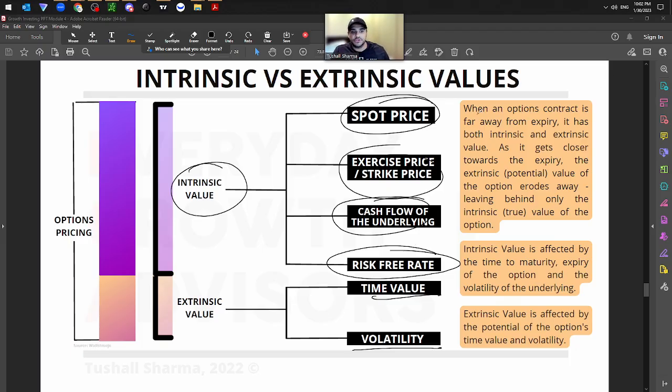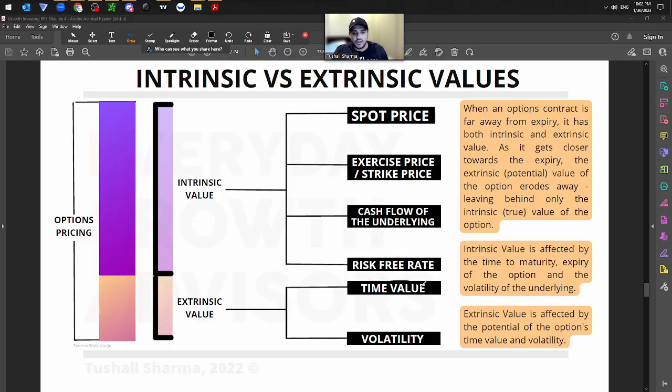So when an options contract is far away from expiry, it has both intrinsic and extrinsic value, okay? It has both of these when it's far away. As it gets closer towards the expiry, the extrinsic or potential value, the time value and the volatility, it erodes away, goes away. That's the reason why an option becomes very volatile close to expiry.